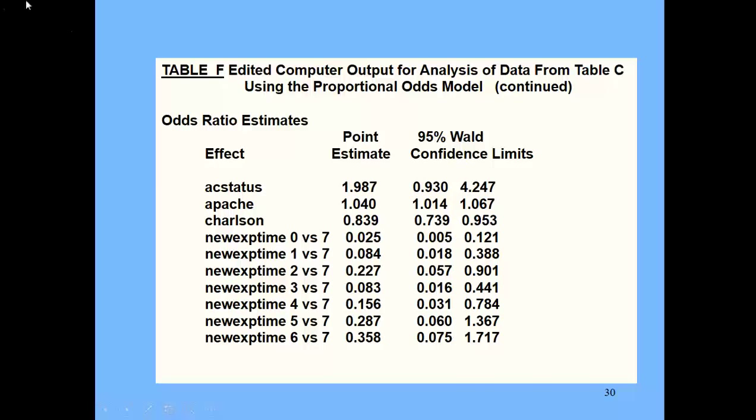Of all these numbers here, given the goal of the study, what's the number of primary interest? The 1.987. Why? Assuming there's no interaction, that's the value that gives you the effect of the exposure variable controlling for the other variables in an ordinal logistic regression model. You see that it's almost a twofold effect.